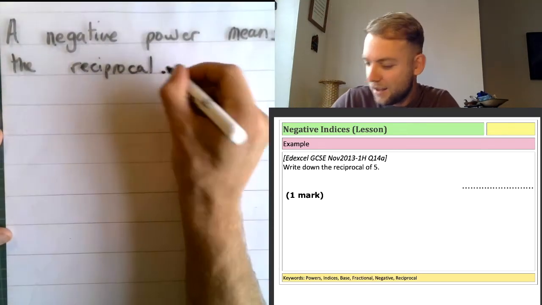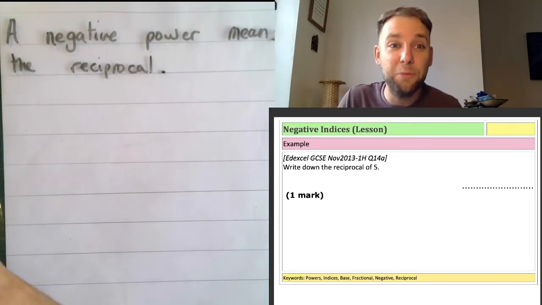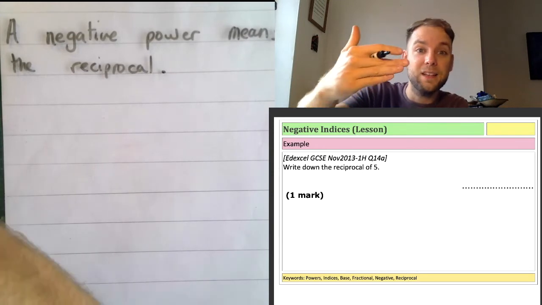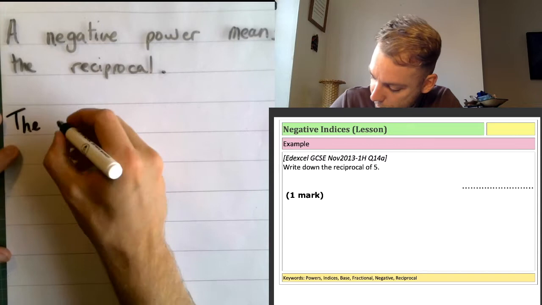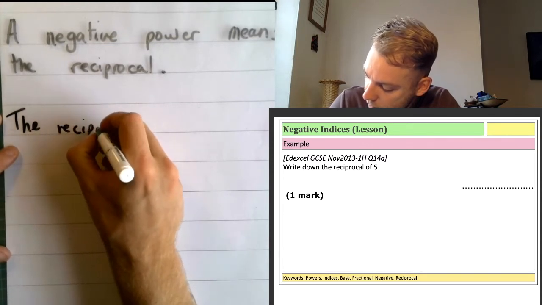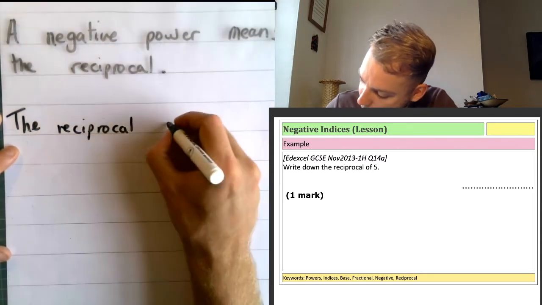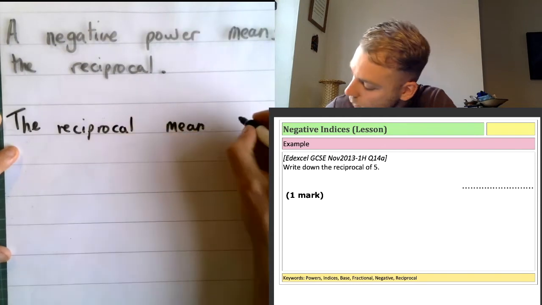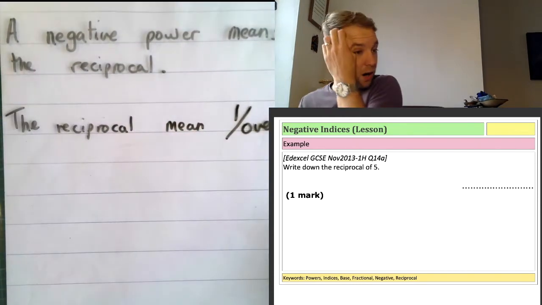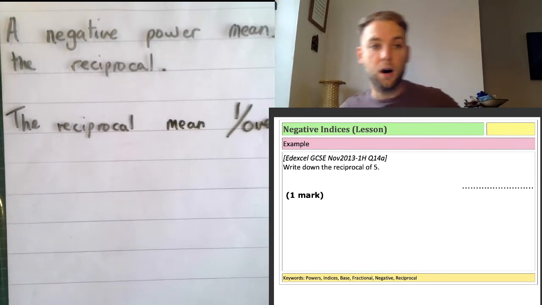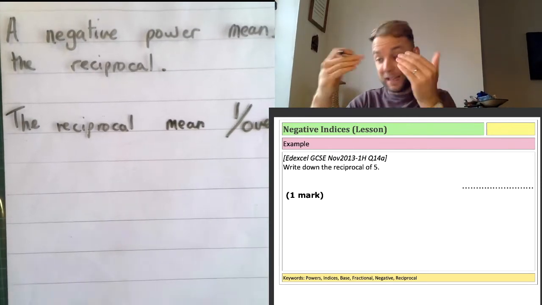Now you might say, what does the reciprocal mean? Well, we just dealt with that. The reciprocal means 1 over. Okay, the reciprocal means 1 over, like this. So if I've got the reciprocal of anything, it means 1 over.